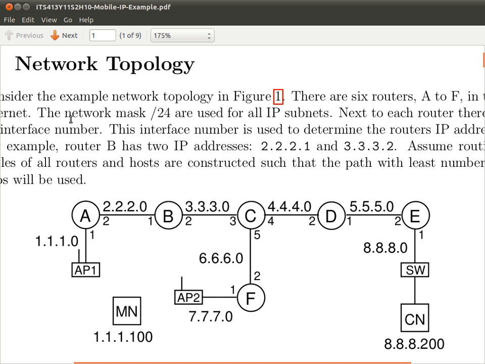When it sends packets, it uses its home IP address as the source, and when it receives packets, the destination will be its home IP address. But we'll find out that those received packets are actually tunneled from the home agent. Let's see how that works.